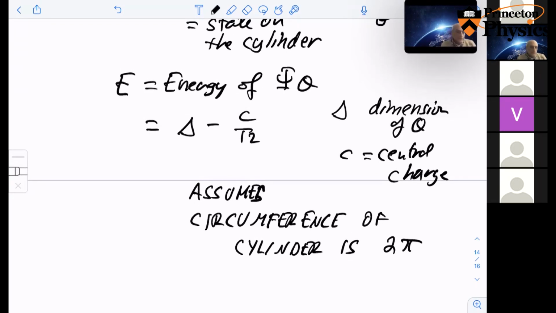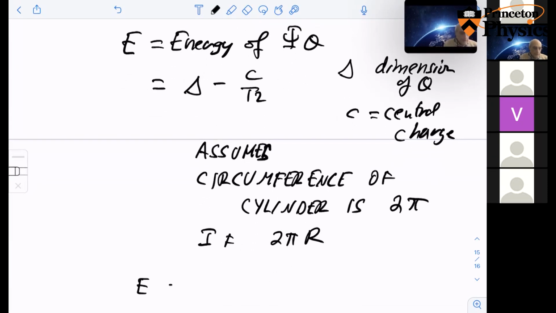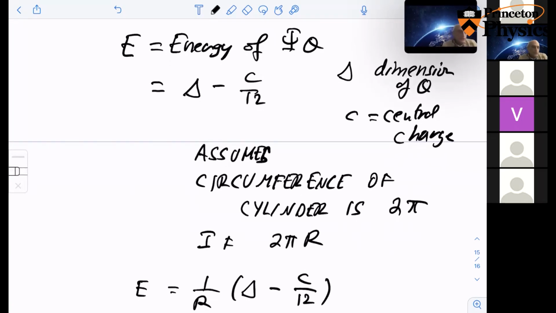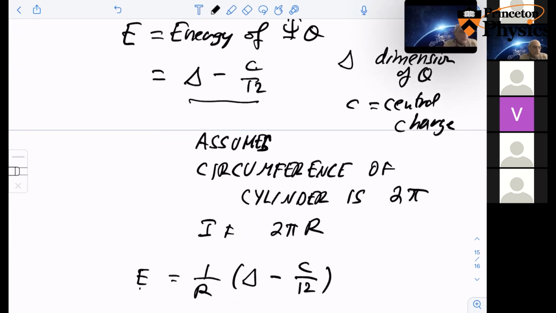Otherwise, if the circumference of the cylinder is 2 pi R, then we'd have an extra factor of 1 over R in the energies for dimensional reasons. So this formula, for our purposes, we can think of as the definition of c. And this one follows from this one on dimensional grounds. Delta and c are dimensionless numbers, but energy has dimensions of 1 over length. So for general circumference, the energy is proportional to 1 over R.